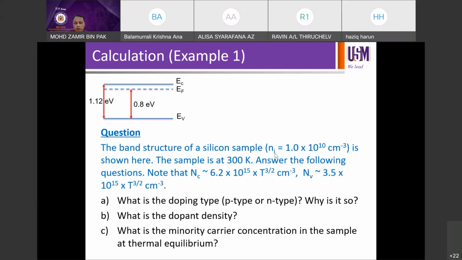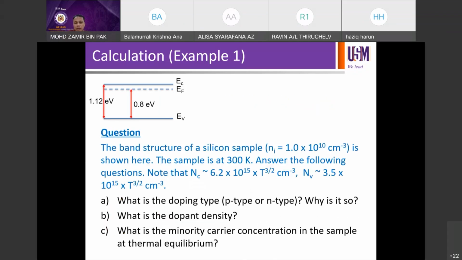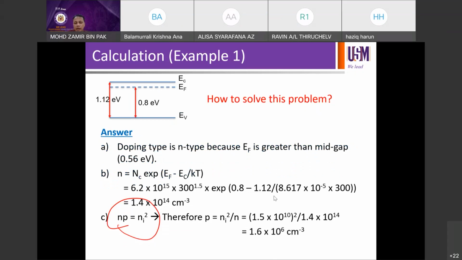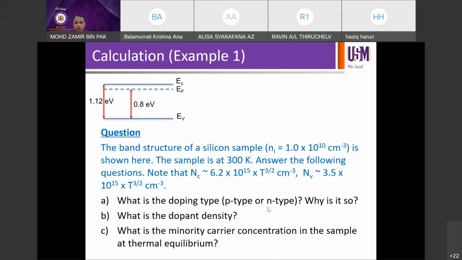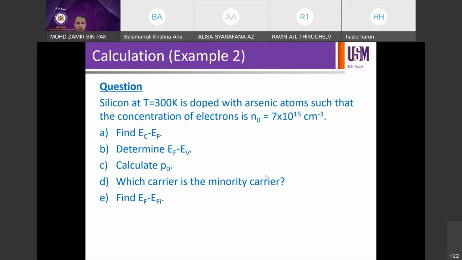But if the question says ni 1 times 10 to the 10, you should use 1.0 times 10 to the 10. If you use 1.5, I am not going to penalize you because it's correct as well. It's just that you don't follow exactly the question, right? So then your ni squared divided by your majority carriers, you're then going to get your minority carriers, 1.6 times 10 to the 10.